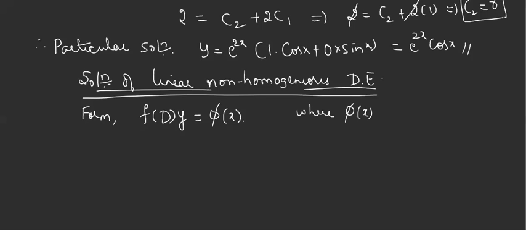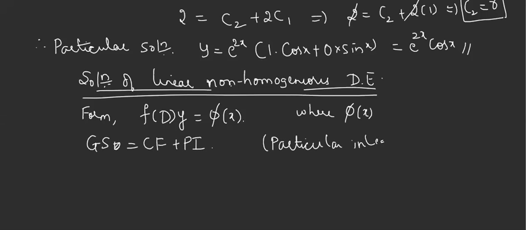Now here, depending on this phi of x. When you have a non-homogeneous equation, what we solved till now is actually called the CF. So the general solution is given as CF plus PI. PI means particular integral. This particular integral mainly depends on the RHS part.